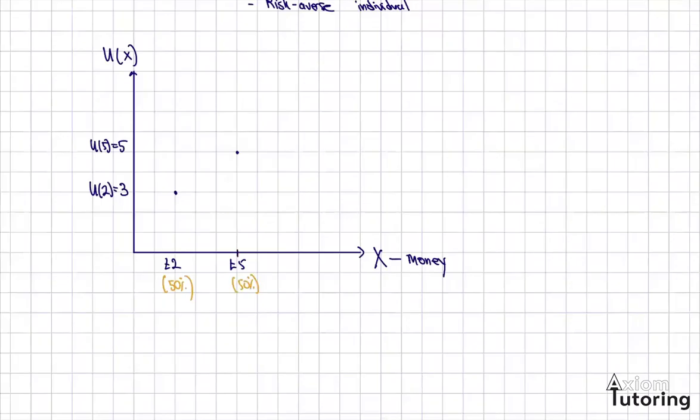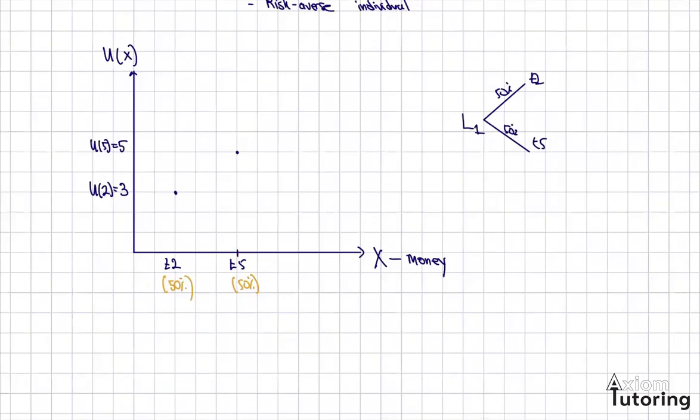So here's a lottery: I'm either going to get £2 or £5, and the probability here is 50% and here is 50%. The question is, what is the utility that I'm going to get from this lottery, or this uncertain pair of outcomes? And the answer is we're going to make use of an assumption.